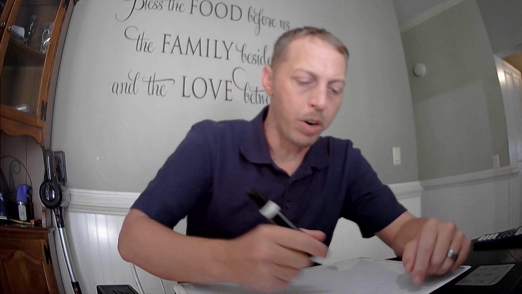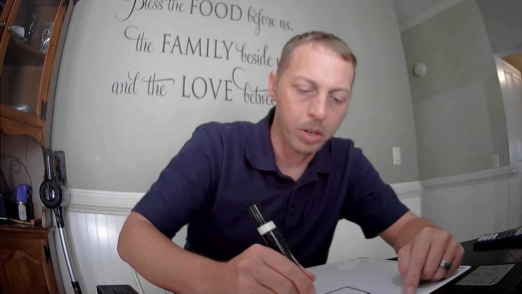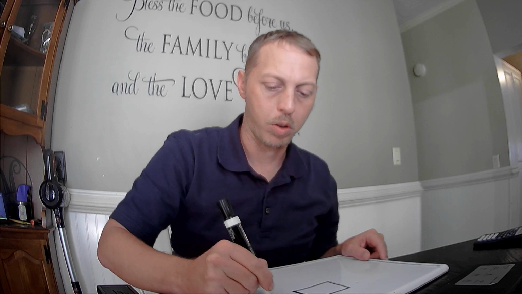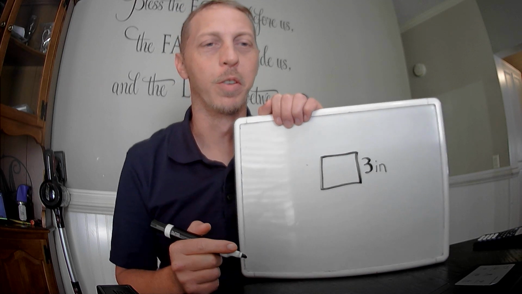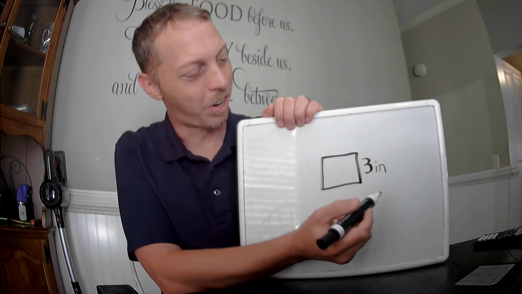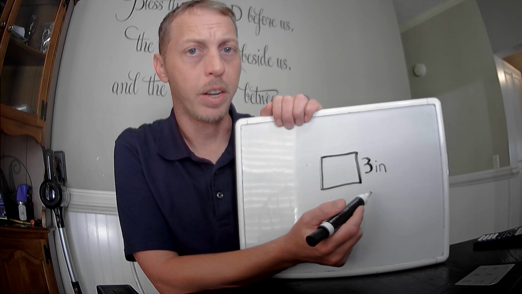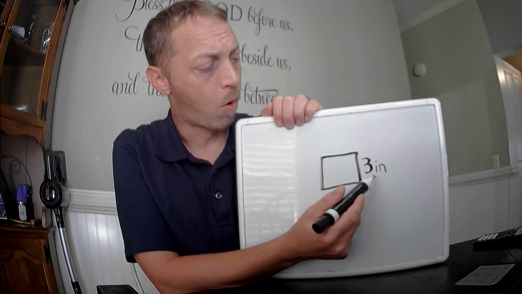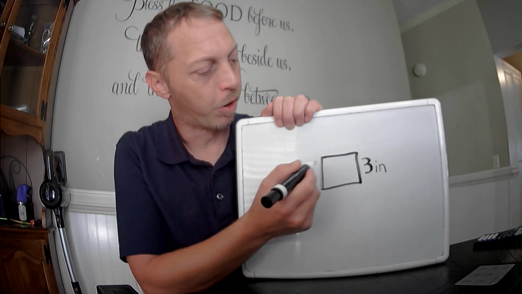Now let's move on to squares. Squares are the same all the way around if it's a perfect square. So if I want to know the surface area of a square, all I need is one side, because every side is going to be the same length.